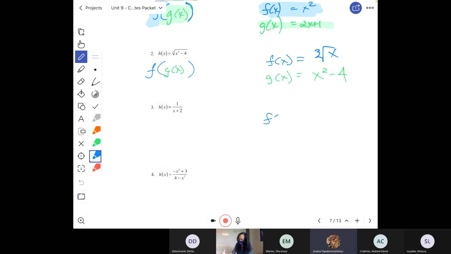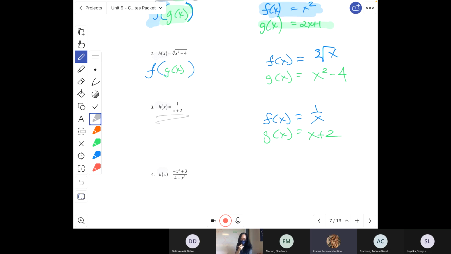Any ideas on the next one? What f of x would be and what g of x would be? Would f of x be 1 over x? Yes. And then g of x would be x plus 2. Fantastic. And again, you can do the composition to see if you get this resulting composite function.